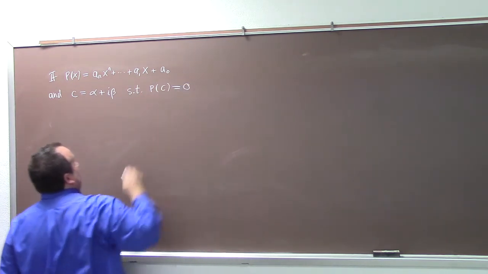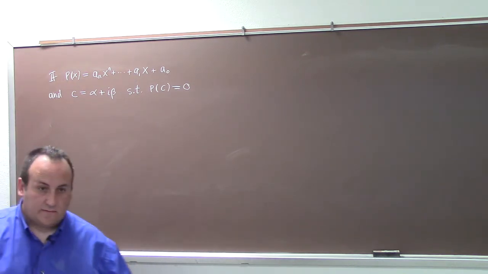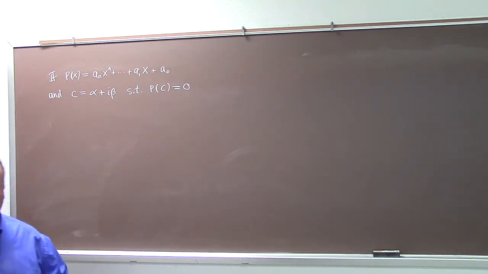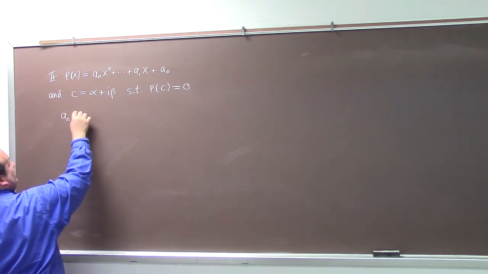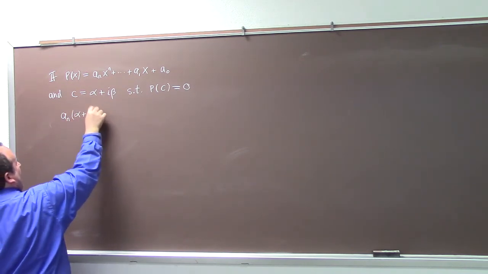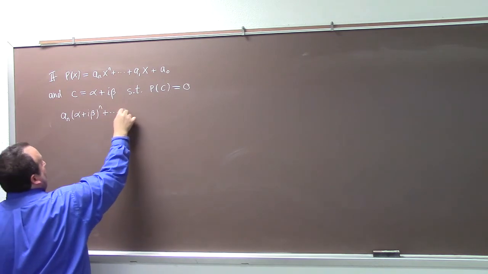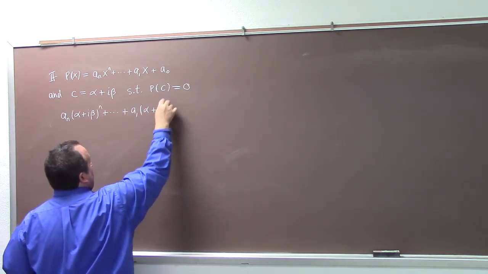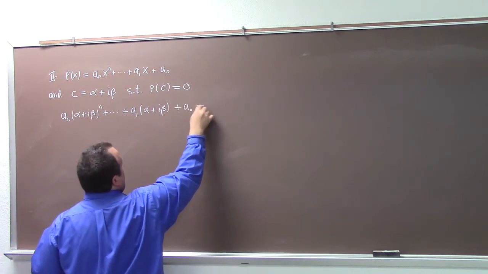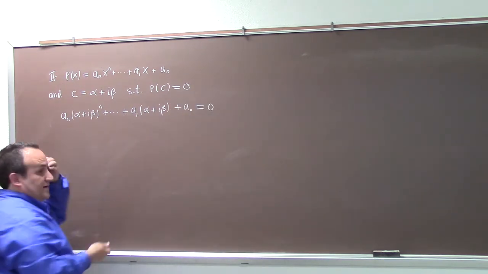In other words, suppose you have a complex zero of a real polynomial equation. That means you plug it in: a_n times alpha plus i beta to the n power, plus ... a1 times alpha plus i beta plus a0, all of that is 0.